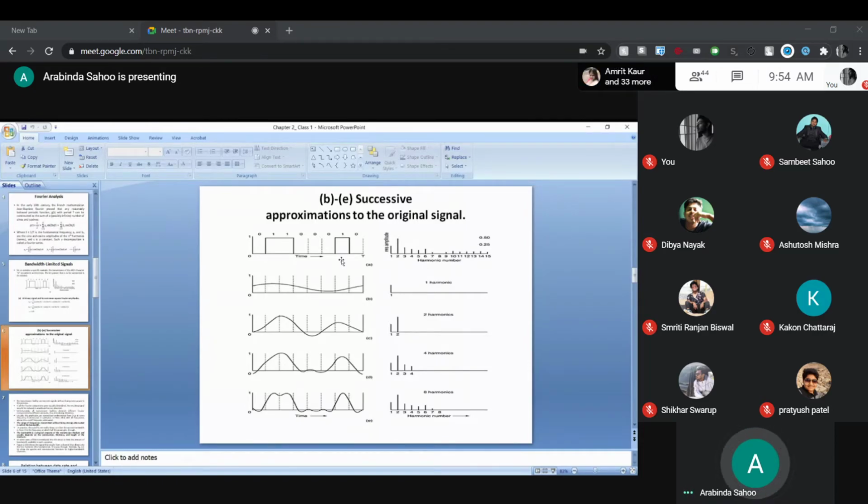If you pass the signal through a good quality physical medium, it will pass the maximum number of harmonics, or you can say the maximum number of frequency components. As a result, you will receive a good quality signal. If you pass through a bad quality physical medium, it will pass the minimum number of harmonics, so you will receive a bad quality signal.